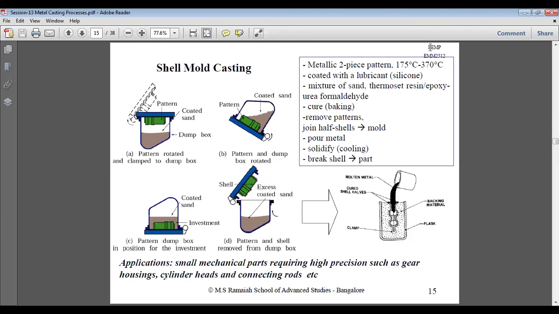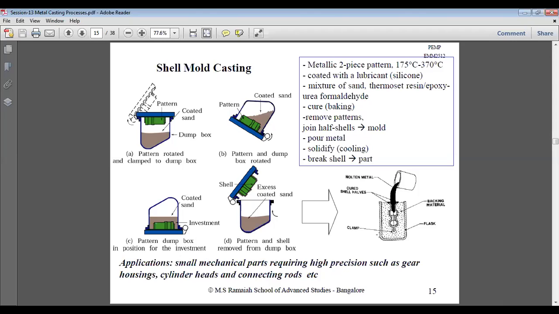So shell mold casting, as we have explained in detail earlier: we have a shell into which we pour the molten metal. You can see curved shell halves, backing material, flask, clamps. As we discussed earlier, shell mold casting is where the cavity is created by plastic materials.